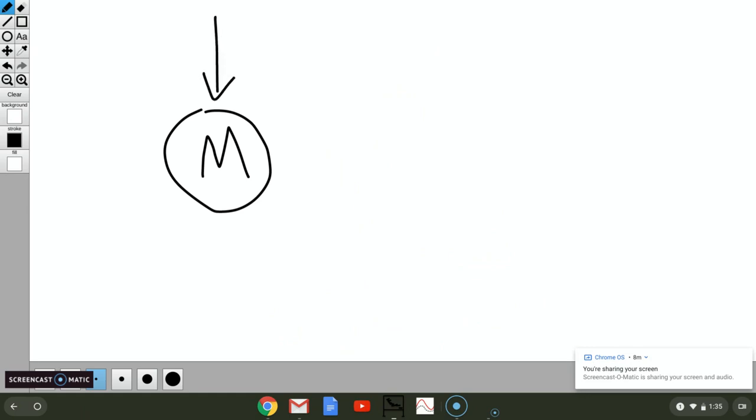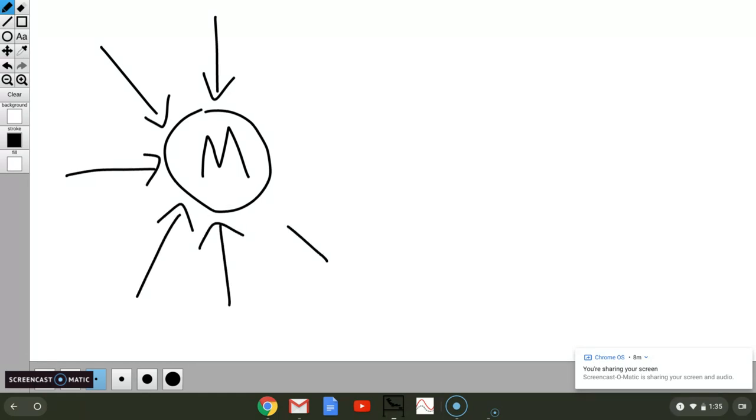So what it does is it creates field force lines like this, and it attracts any object to its center. And so anything with mass will do this. So you create a gravitational field because you have mass.